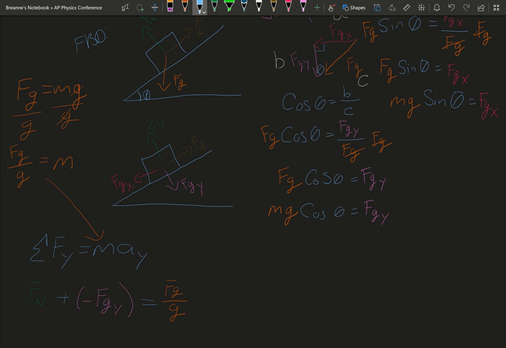Just according to what we have. If we have force of gravity, we need mass, or if we have mass, we can plug that in, times our acceleration in the y.